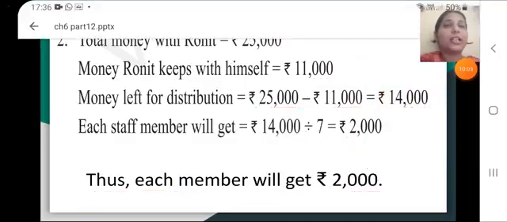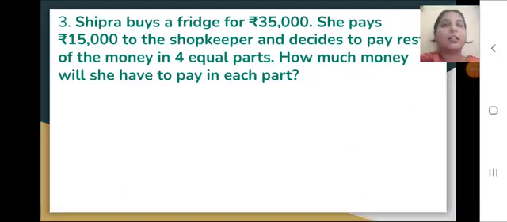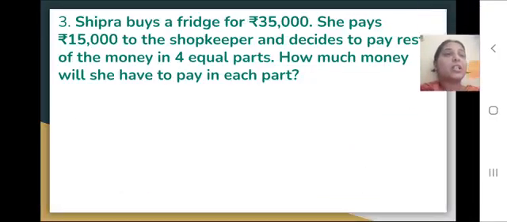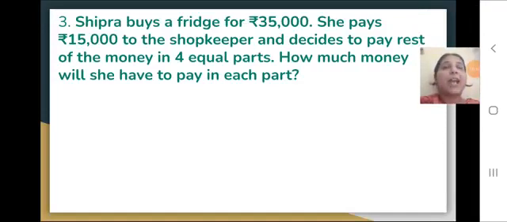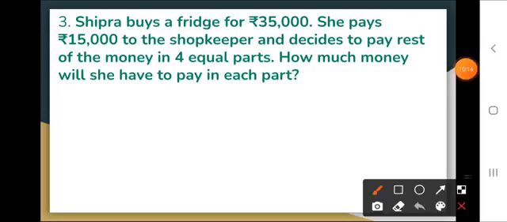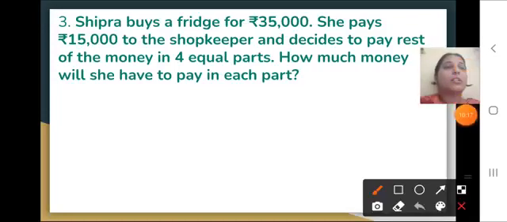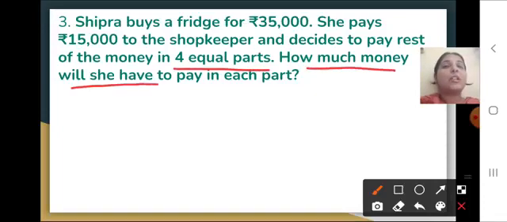Now let's see the next. Question number 3 is, Shipra buys a fridge for rupees 35,000. She pays rupees 15,000 to the shopkeeper and decides to pay the rest of the money in 4 equal parts. How much money will she have to pay in each part?